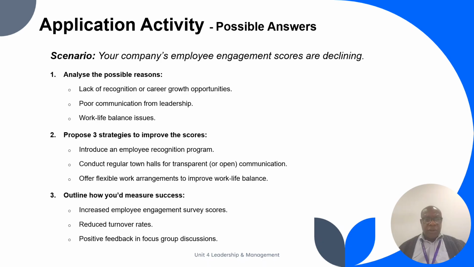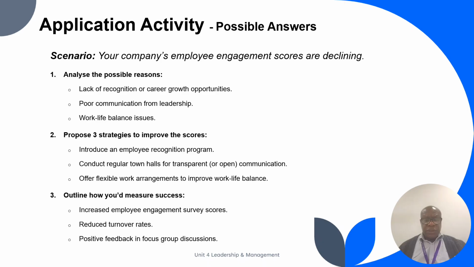Okay. And number three, outline measurement of success. So again, before and after, increase employee engagement survey scores. So you try to gauge, via survey, how people feel now that they're given some growth opportunities.